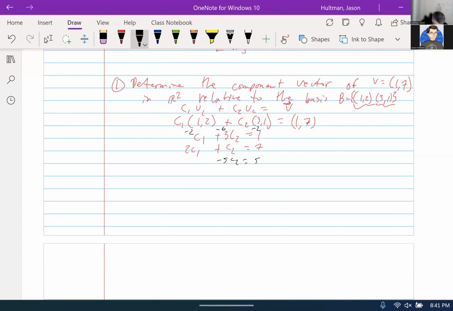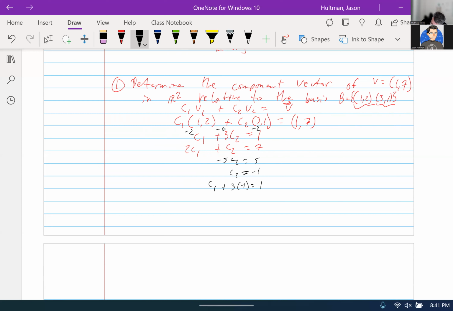And so C2 would be -1. Then if C2 is -1, I know that C1 plus 3C2 had to equal 1.